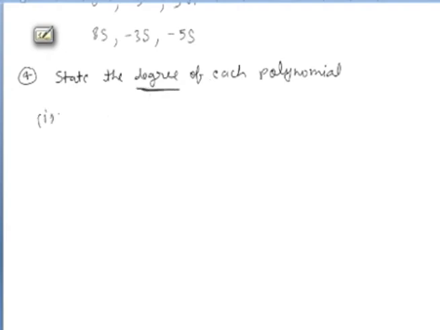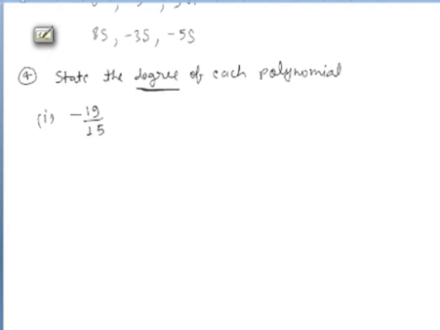In this question, state the degree of each polynomial. Okay, and we know what the degrees are. So the first question is minus 19 upon 15.